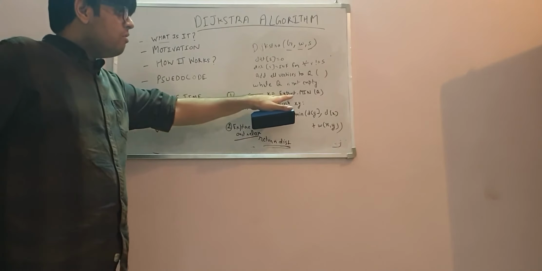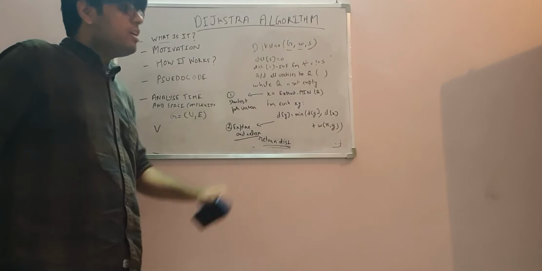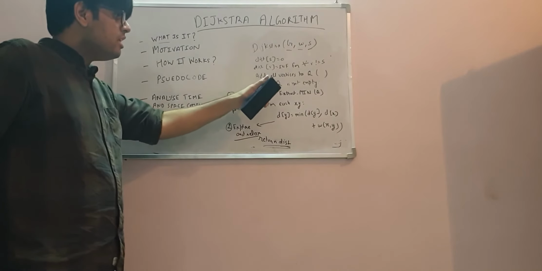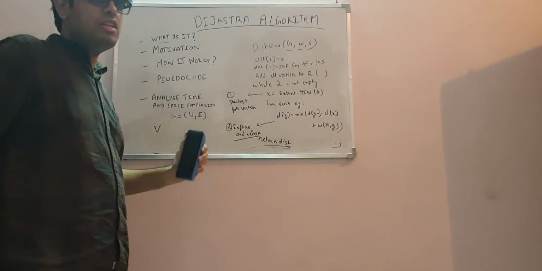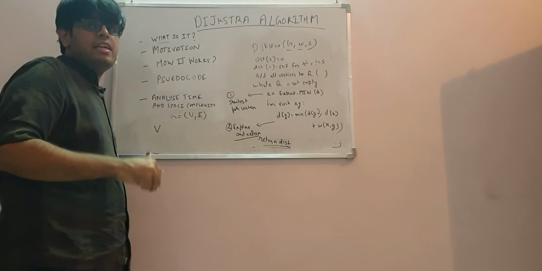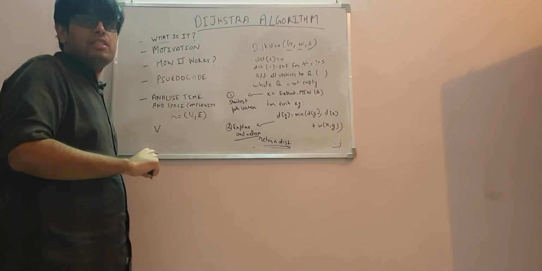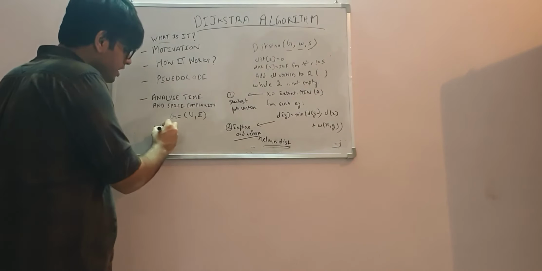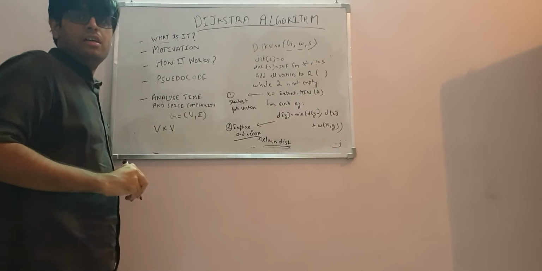Now we'll try to extract min from this particular container. Let's suppose, for example, that this container is an array or a list. So extracting the minimum from an array, how much time does that take? We have to linearly scan all the elements, right? So in the worst case, for each iteration, it will take up to V time, right?